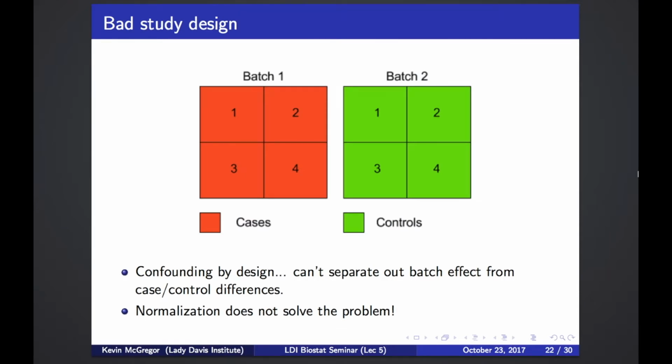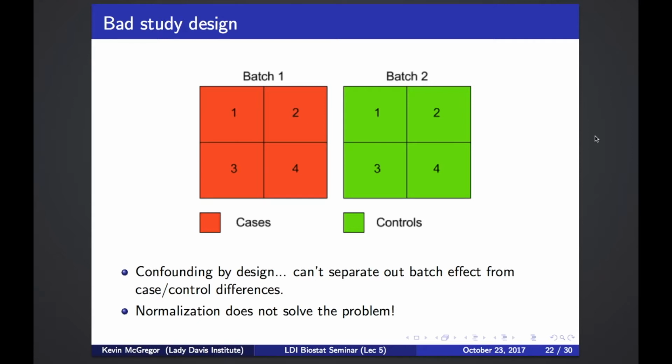Here's an example of what I mean. This is something that I've seen on three separate occasions, so this is a very, very real problem. Let's say I have my two batches, and I have disease cases and disease controls. I put all of my cases in through one batch, and I put all of my controls in through another batch.